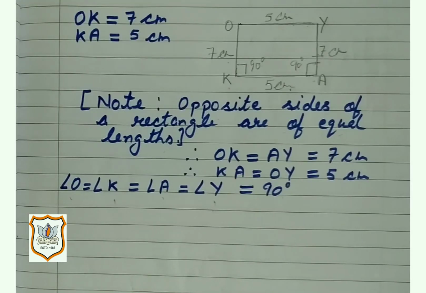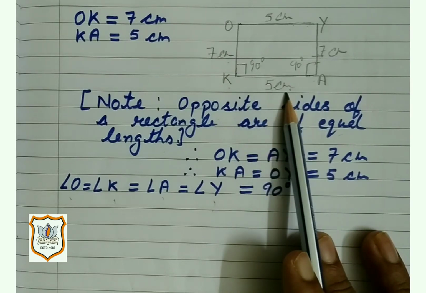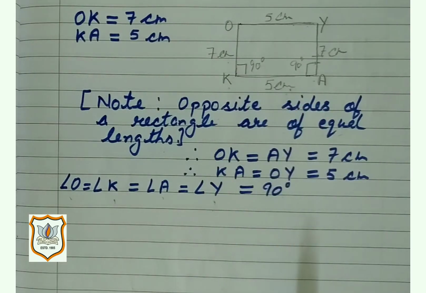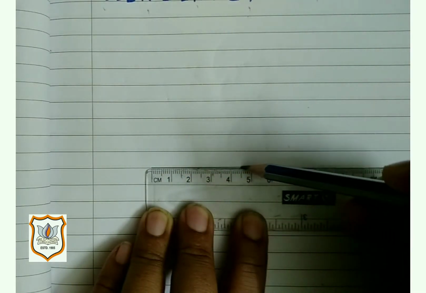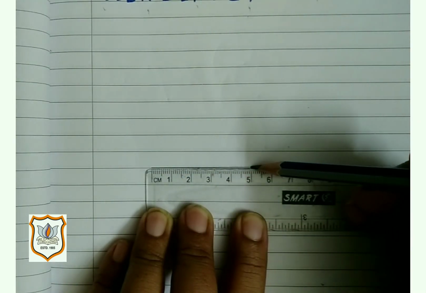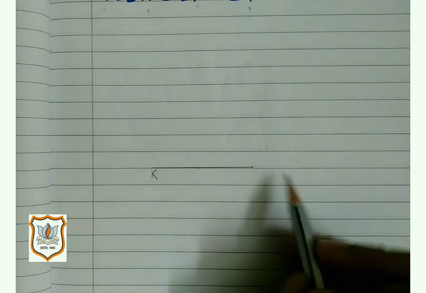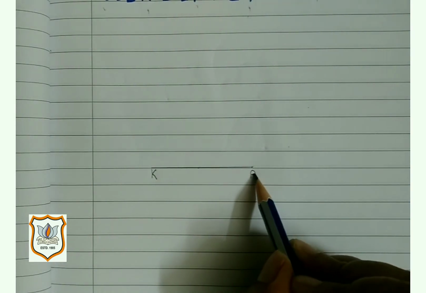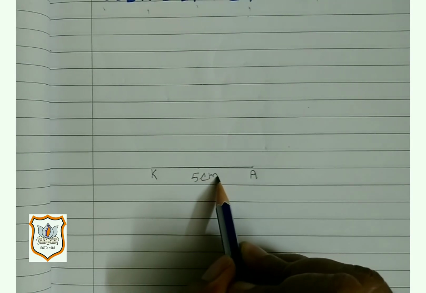Let's construct rectangle OKAY. First, we will draw a line segment of 5 centimeters. This is a line segment of 5 centimeters. This is KA, 5 centimeters.